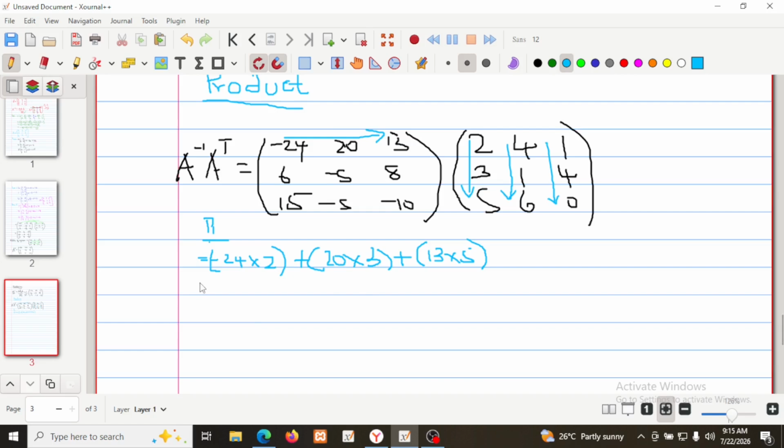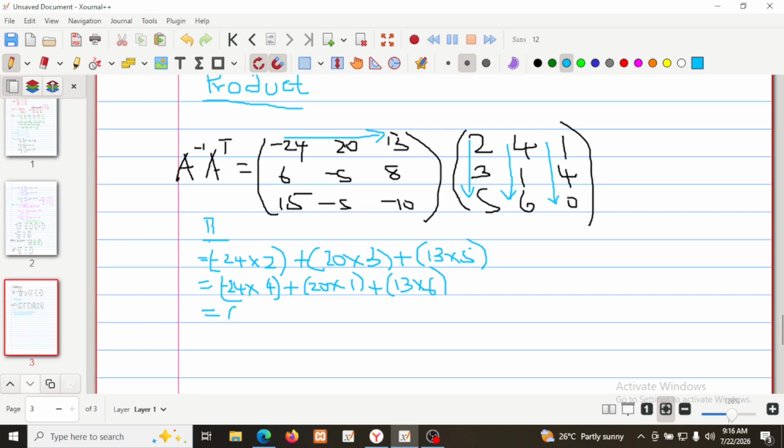Then second part, this row and the second column, which is negative 24 times 4, in this fashion, added to 20 times 1 plus 13 times 6, like that.